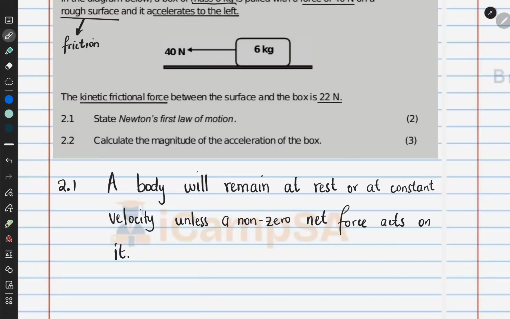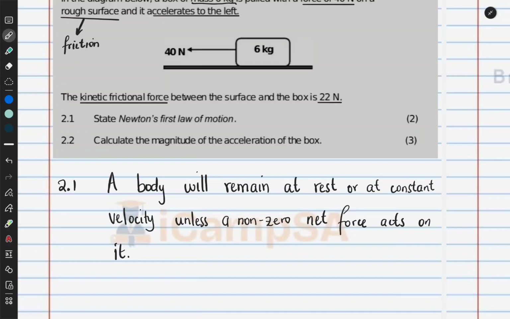Some textbooks or definitions would say something like a body will remain at a state of rest unless it is acted upon by an unbalanced force.